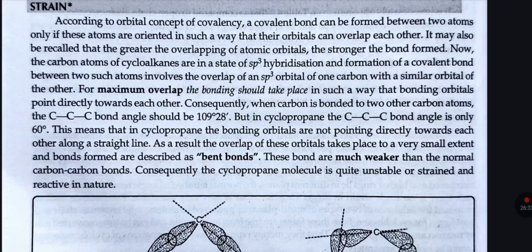As a result, the overlapping of these orbitals takes place to a very small extent, and the bonds formed are described as bent bonds. These bonds are much weaker than the normal carbon-carbon bonds. Consequently, the cyclopropane molecule is quite unstable or strained and reactive in nature.